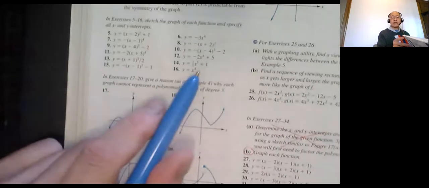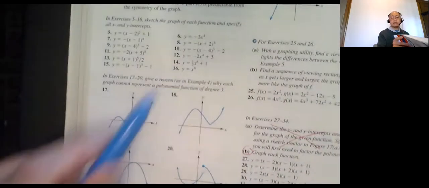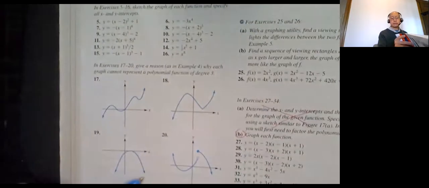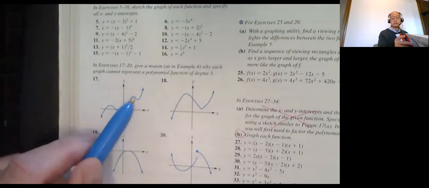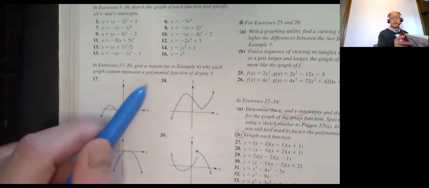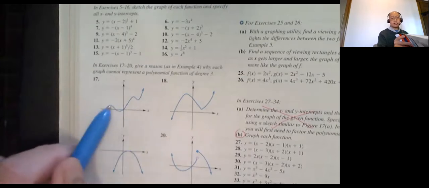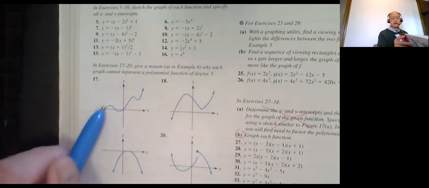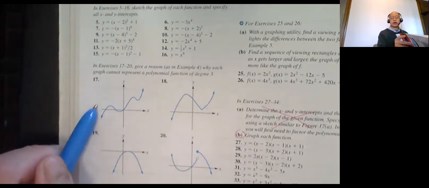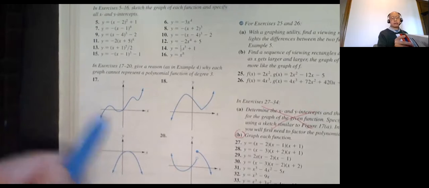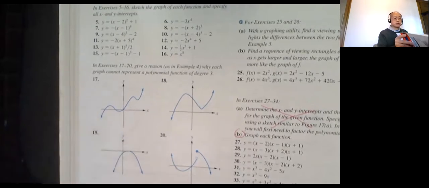If I go way out there, it's either going to shoot way up or way down. If I go toward positive infinity, the graph goes either to positive or negative infinity. Likewise, if I let x go to negative infinity, y is either going to shoot down or shoot up. You don't really have to write that down. It'll become obvious, quote unquote, when I start doing some problems, and you'll see what I have here.